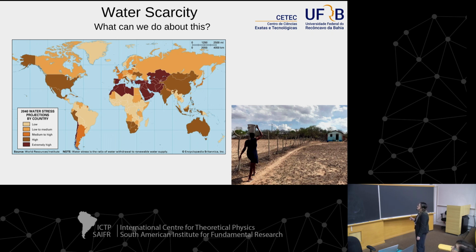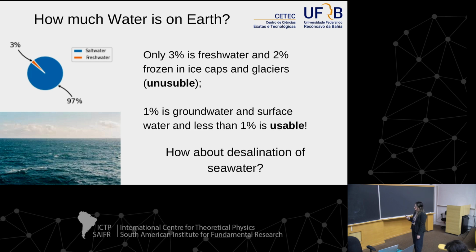But in many places of Brazil, it's very hard for people to find water, and it's a very important problem. What can we do about this? So how much water is on Earth? We have only 3% fresh water and 2% frozen in ice caps and glaciers.